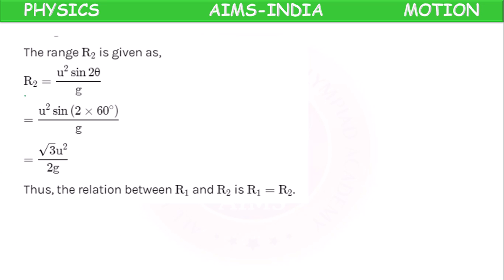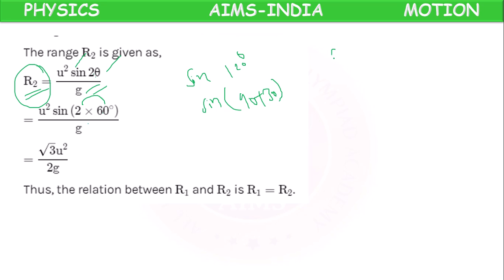In the same way, if you calculate r2, then u square sine 2 theta by g. This time theta is 60 degrees. So sine 2 into 60, which is equal to sine 120 degrees, can be written as sine 90 plus 30 degrees.